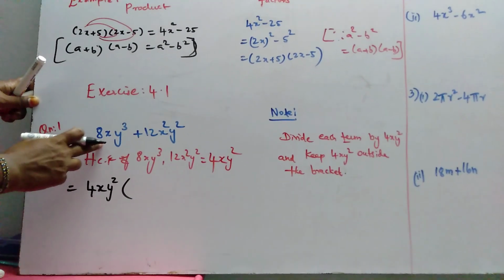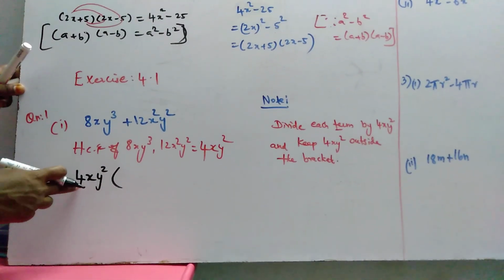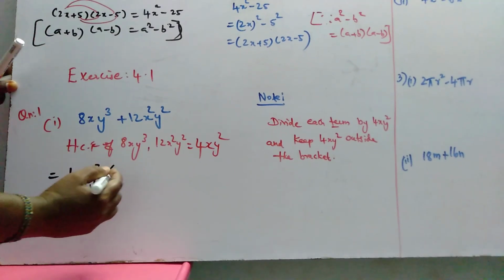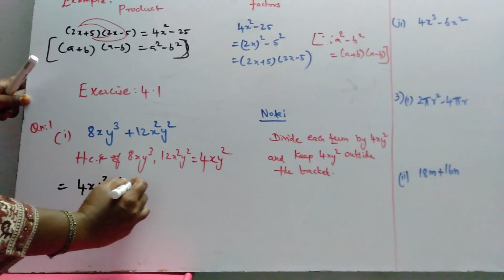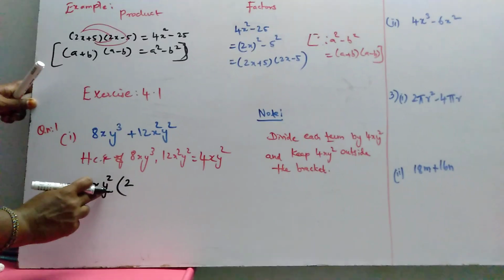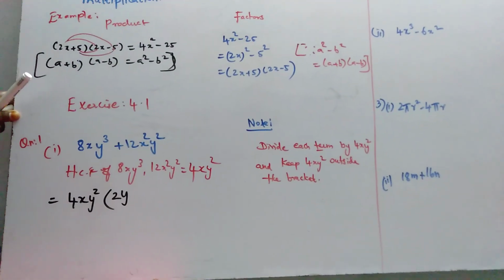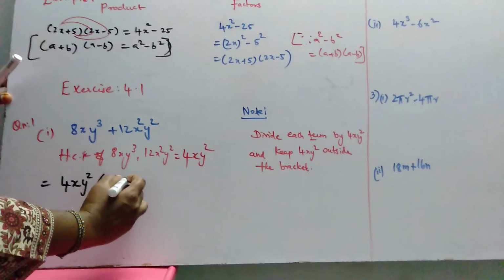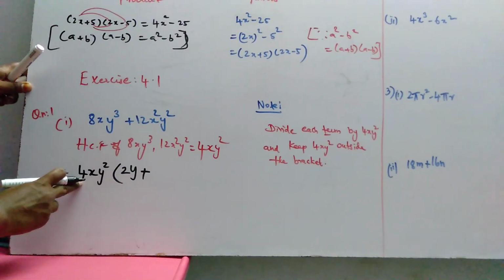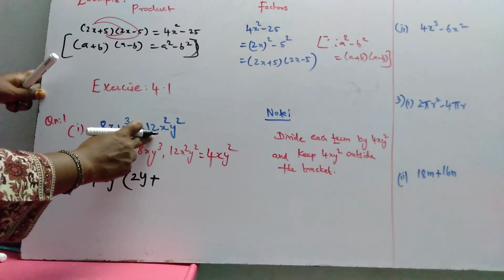If we divide it by this term, what you will get is 2. The x term is already there, and here y square, here y power 3, so y will be left. Then next, plus, same 4xy square, here 12.